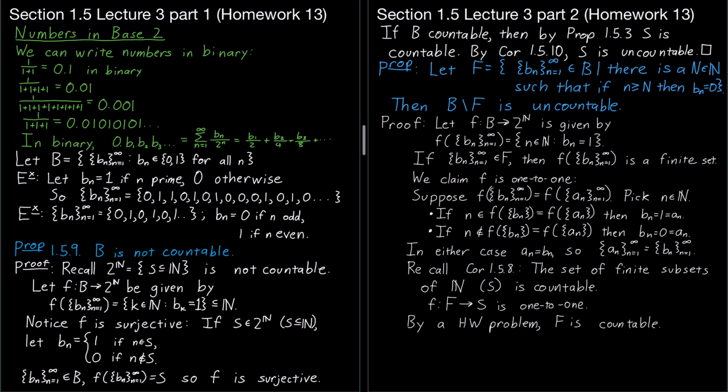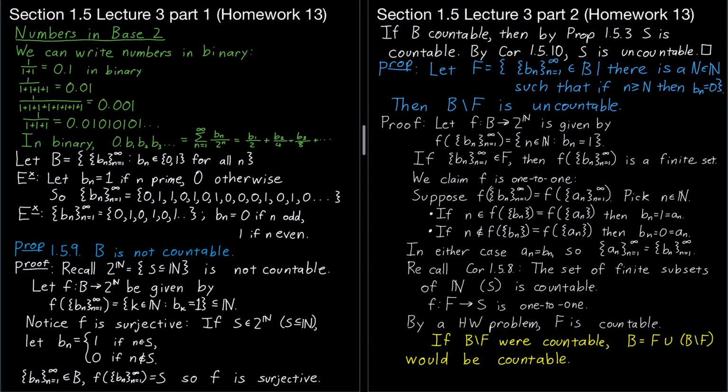Now, we just do a proof by contradiction. If B minus F were countable, then B, which is F union B minus F, would be countable. We remember proposition 1.5.7, if you take the union of infinitely many countable sets, you get a countable set.